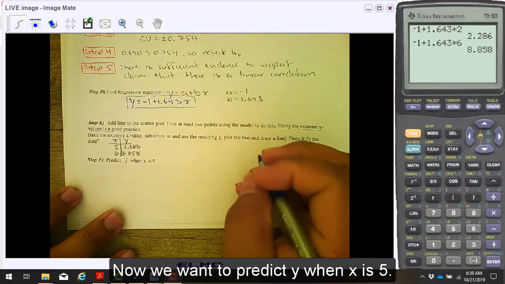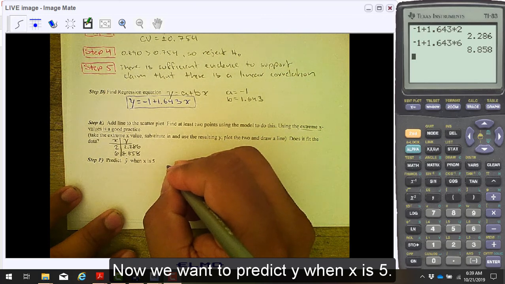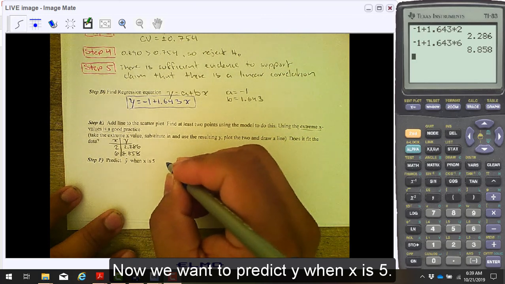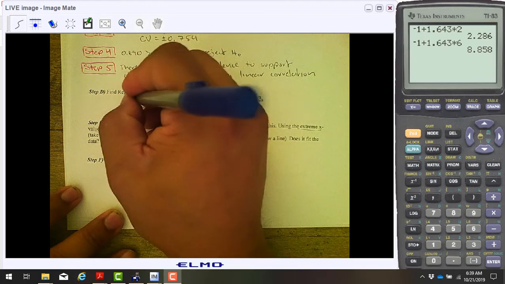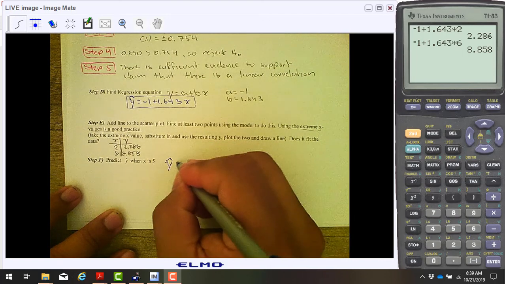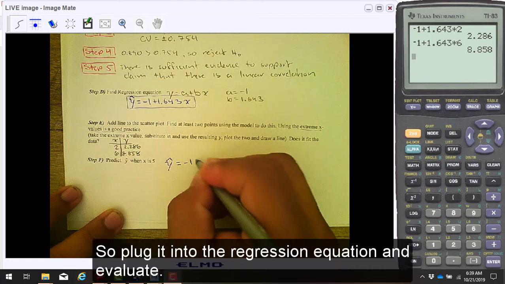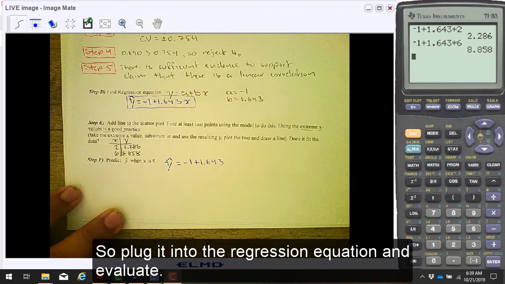Now we want to predict y when x equals 5. So plug it into the regression equation and evaluate.